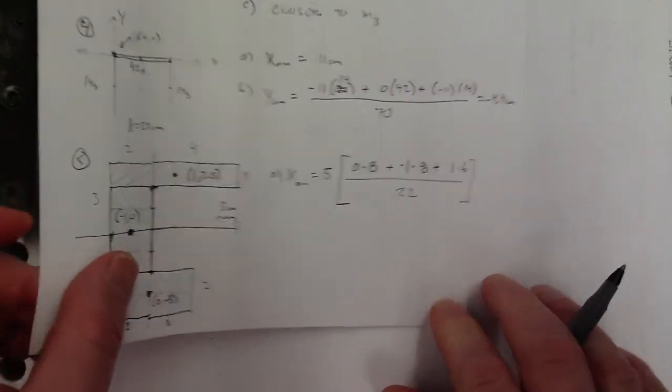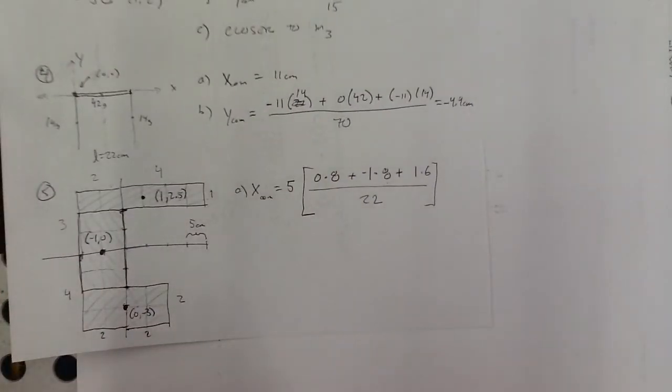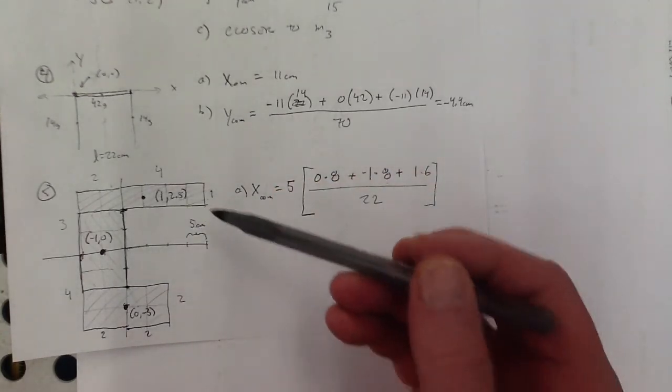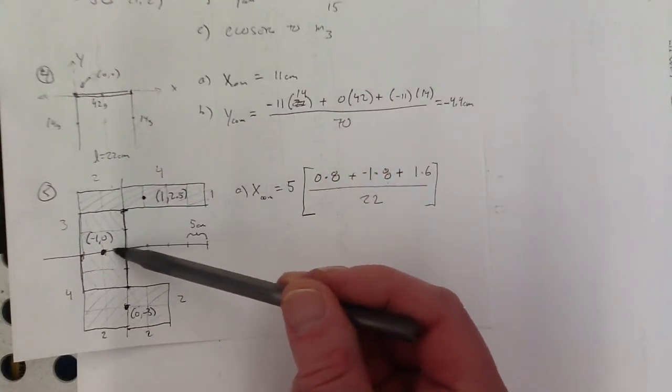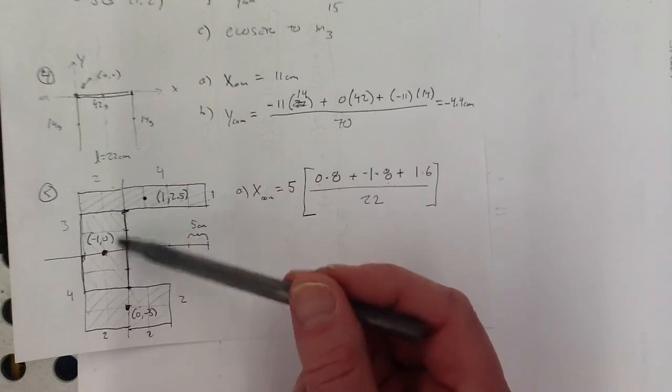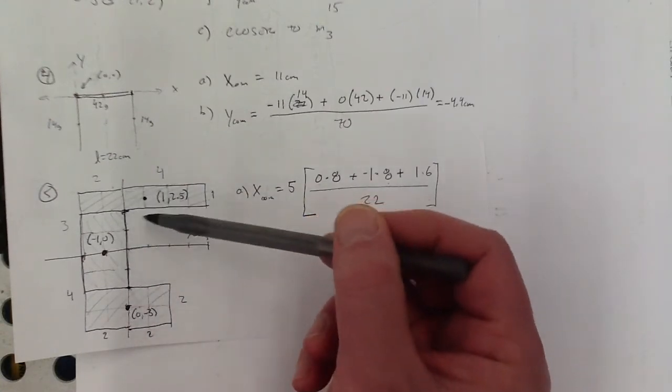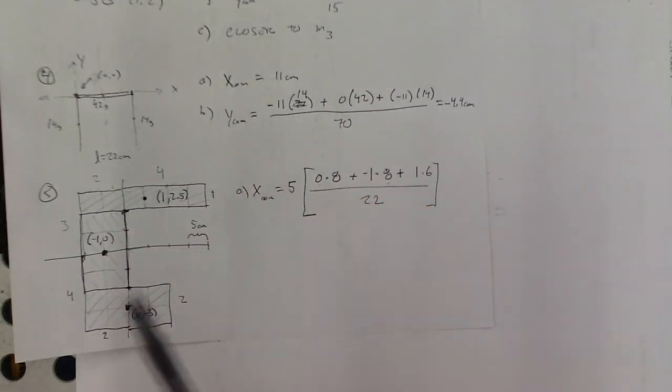Okay, so what do we have here for our x-coordinate? Probably we're expecting something between 0 and -5 centimeters, if that's -5 there. It looks like I have a little bit more on that side.